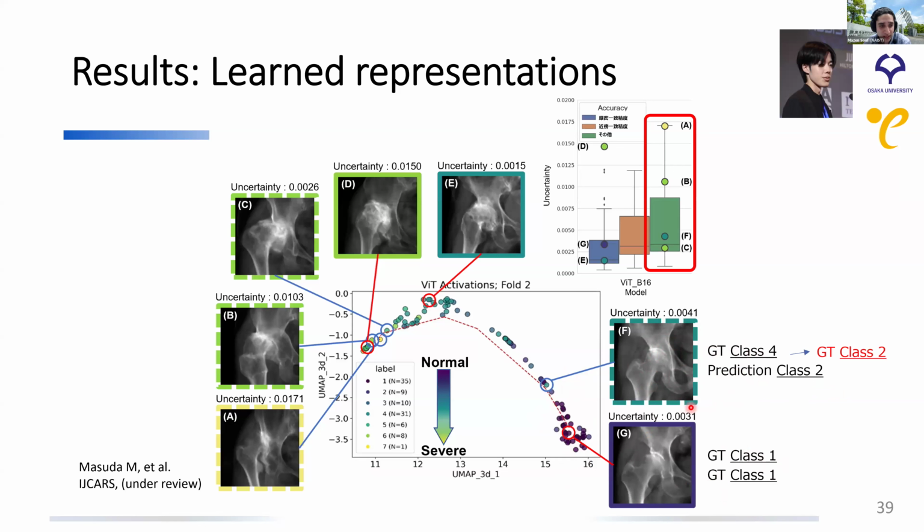So again, when we discussed with the medical doctor who was working on the annotation, he said that it's more probable that the model's diagnosis was closer to the real situation, because it should actually be closer to class number 2 rather than class number 4. So the model, in some sense, is learning more representative features that are more related to the disease than can be perceived by the human eye.